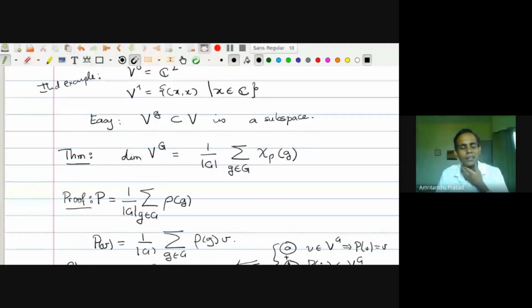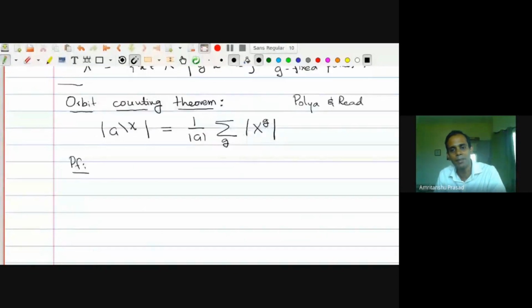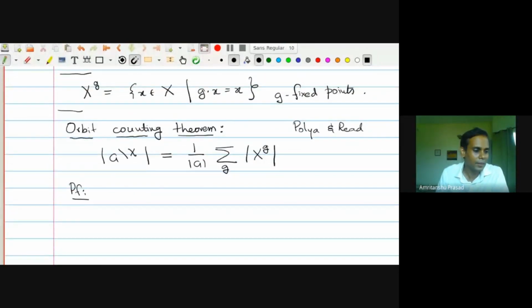Instead of the dimension of V^G, we have the number of orbits, and instead of averaging the character values, we are just averaging the number of fixed points. So I'm going to construct a representation for which the left hand side becomes the left hand side of this, and the right hand side of Burnside's lemma becomes the right hand side of that. So what is my representation?